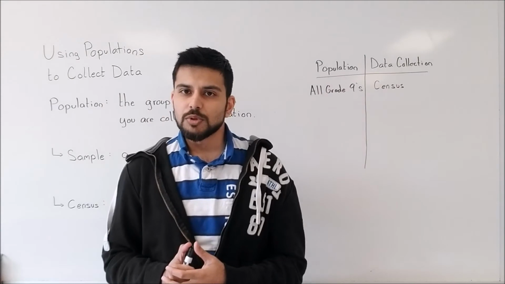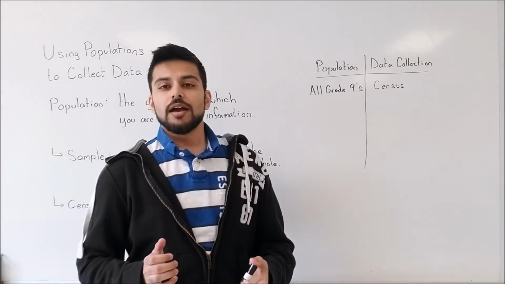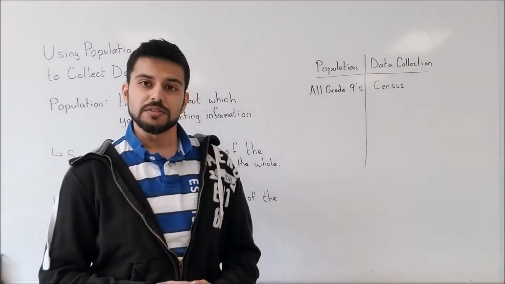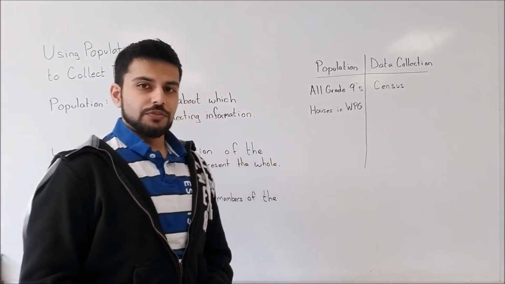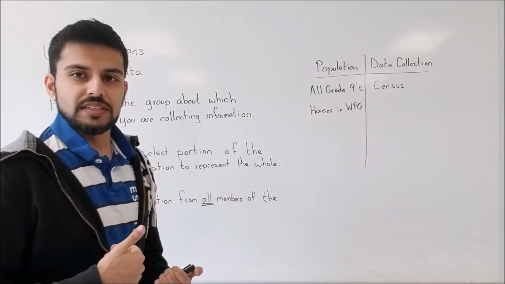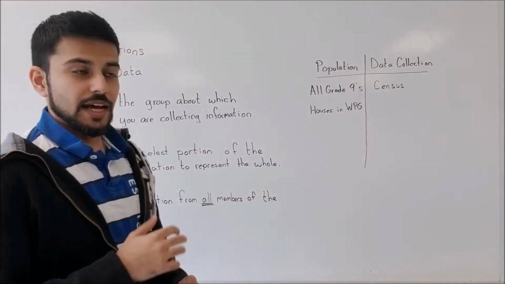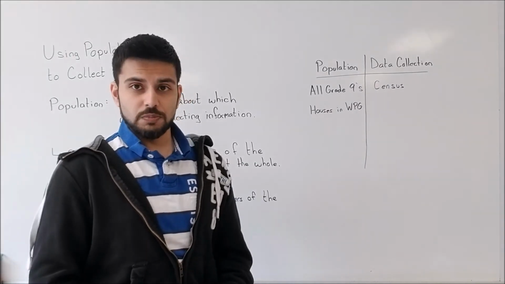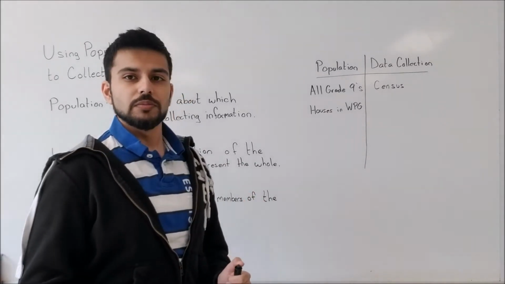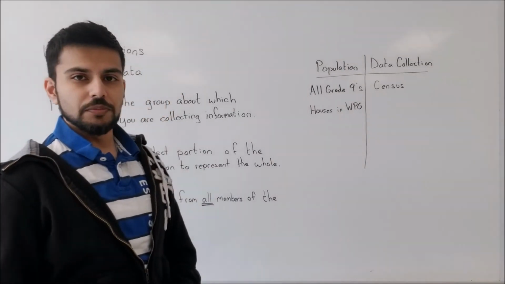Our second example is going to be, let's say, how many houses in Winnipeg, Manitoba have basements? So our population could be a few things in this case. I'm saying houses in Winnipeg. I know the houses in Winnipeg aren't living things that give us an answer, but that's what we're interested in. We would need to speak to the residents of those houses, so technically that could also be a population. But I'm going to say houses in Winnipeg for now.